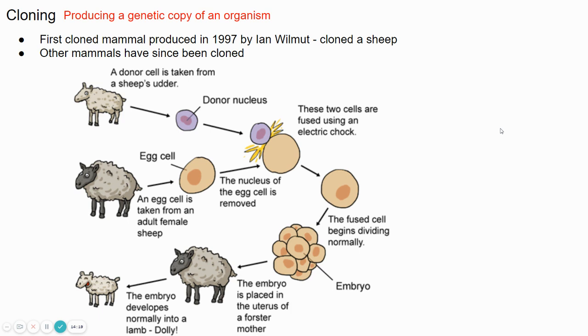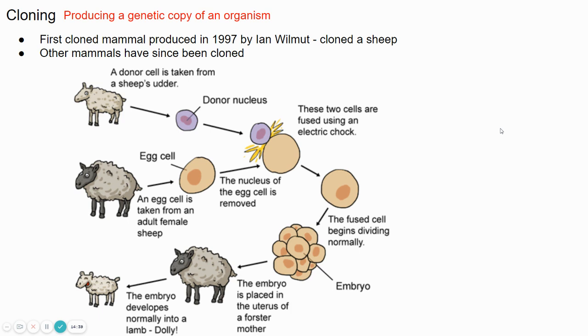It's like an identical twin. Let's say if we wanted to clone Isaiah, we could take a cell from his skin, put it under a microscope, and suck the nucleus out of it. Now we have a nucleus that has all the genetic information that makes Isaiah Isaiah.